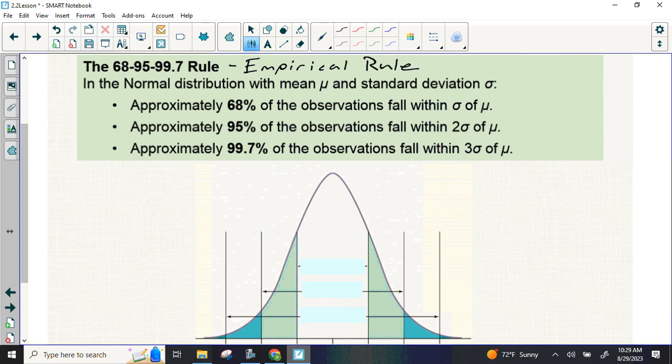So if I say we need to use the empirical rule for this, what I'm saying is we need to remember that 68% of the data is within 1 standard deviation of the mean, 95% of the data is within 2 standard deviations from the mean, and so on. Questions like this are super, super popular on multiple choice.